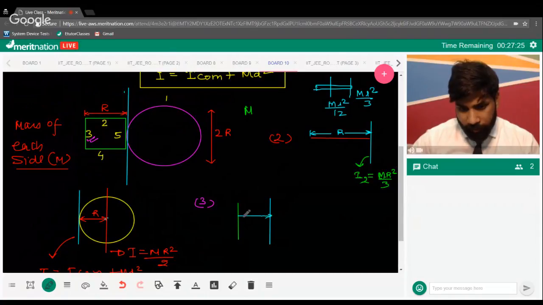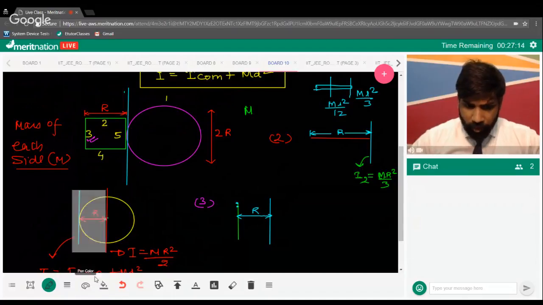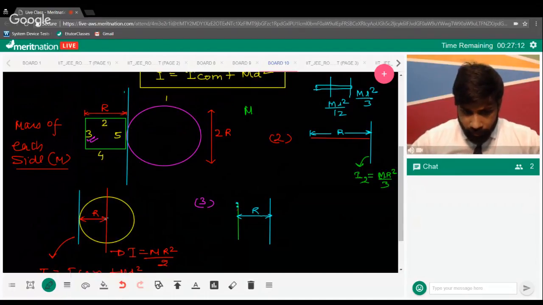That is r. So we can divide this rod into a number of particles. Suppose we divide this rod into thousands of particles. The distance of each and every particle from this blue color axis is r, so each particle is at the same distance from the axis.